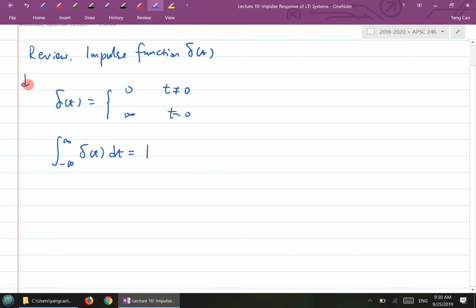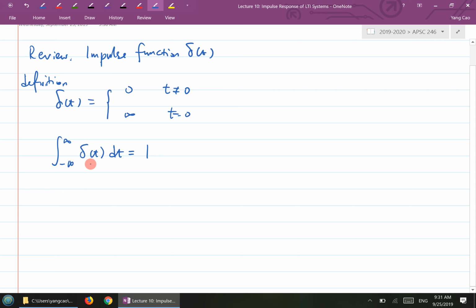This is a definition of impulse function. Okay. So definition, as I mentioned, is something we don't argue. Okay, so this is something everybody agrees upon. Basically, delta t is 0 when t is not 0, but delta t is infinite when it's 0.